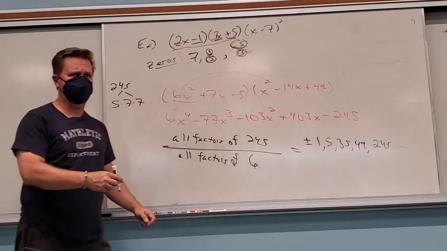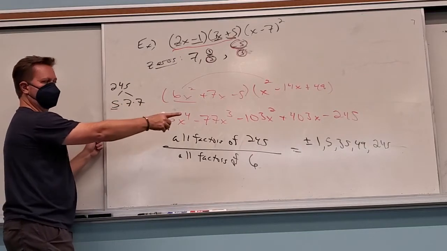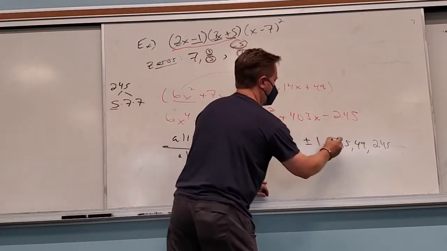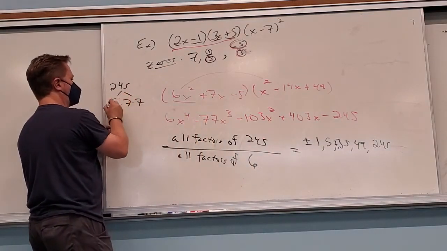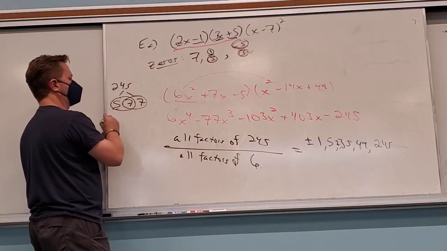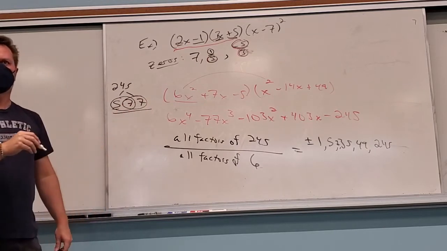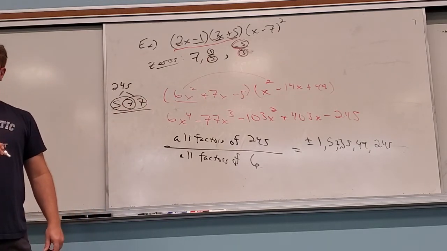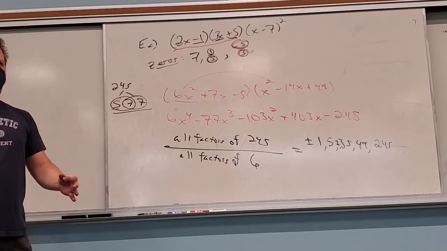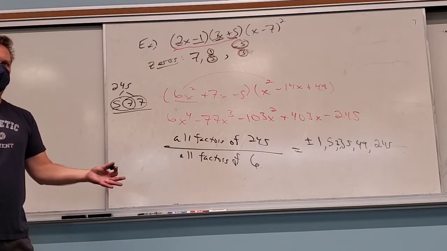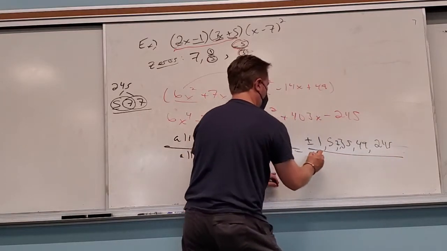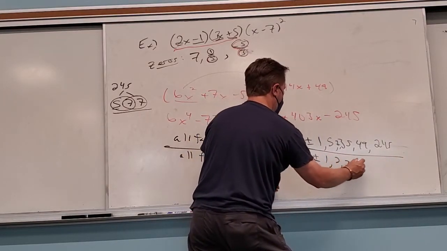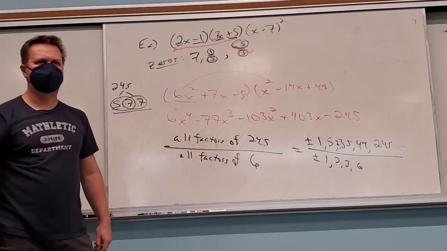Oh, you guys are right. Isn't 5 a factor? All right, left out 7, Jeff. Good job, buddy. 5 is a factor, 7 is a factor, 35 is a factor, 49 is a factor, and of course 245 is a factor, right? 245 is kind of a gross number, so just deal with that. Divided by plus or minus 1, 2, 3, 6, all the factors of 6.